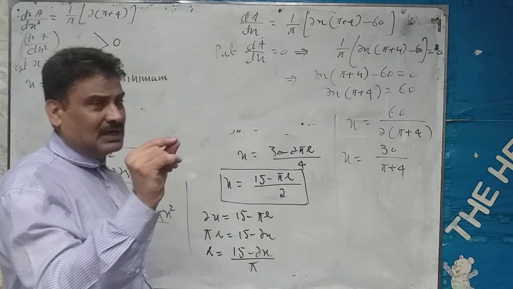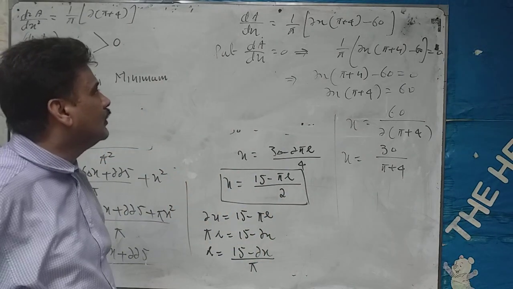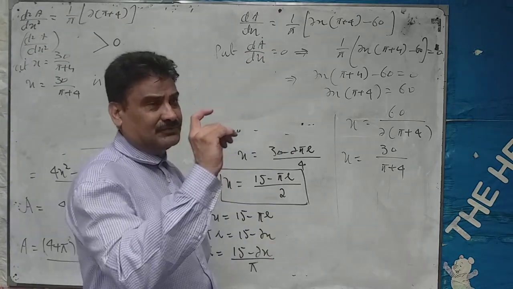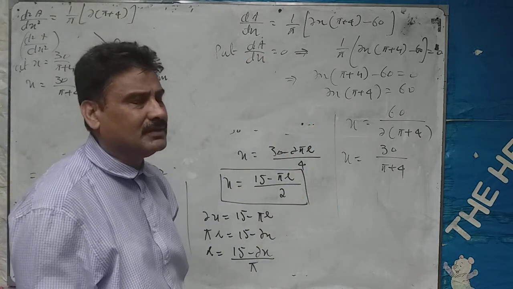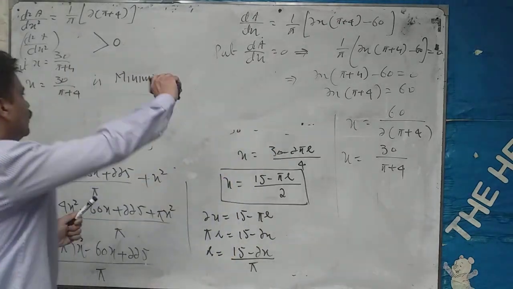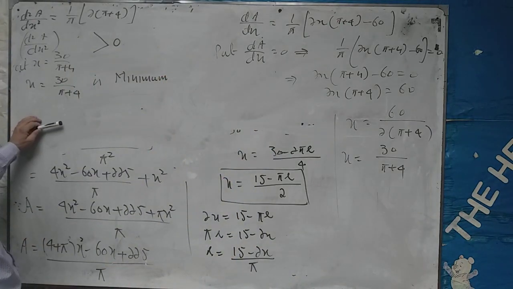Length of first piece of wire is 2 pi r, and length of second piece of wire will be 30 minus 2 pi r. We now find the length of first piece of wire.